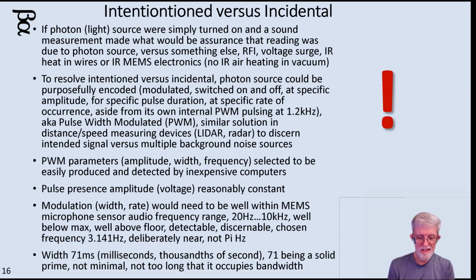So it would be 71 milliseconds. And the frequency of the data I was encoding turned out to be 3.141 hertz, or times per second, which is essentially a foreshortened version of pi. So I was using a prime number and pi. If I really had to encode the data, it would be pretty obvious where the data came from.